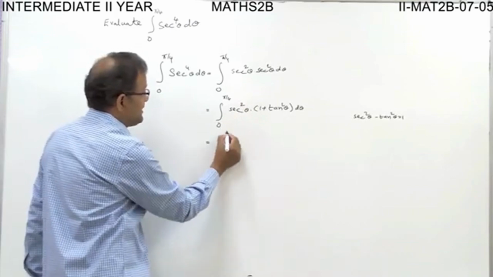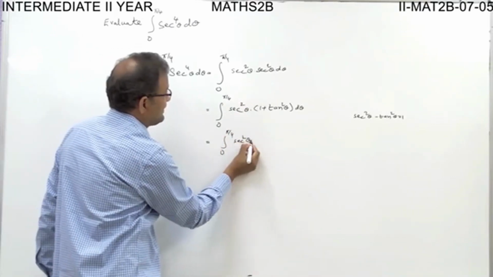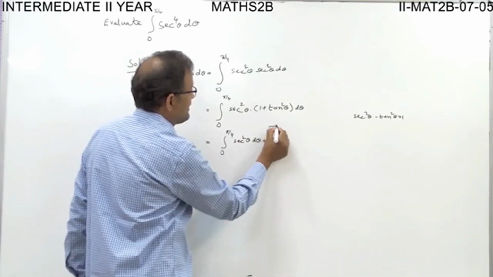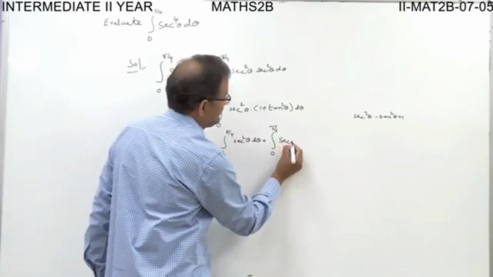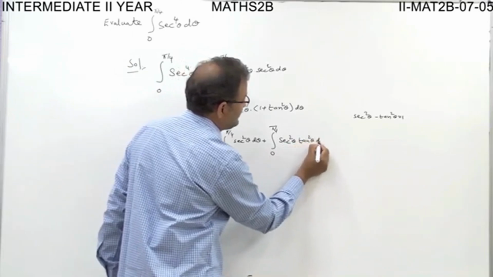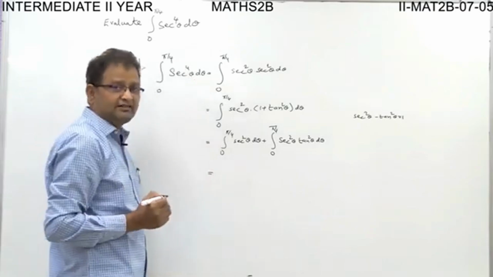Integral 0 to pi by 4 secant square theta into 1 d theta plus integral 0 to pi by 4 secant square theta into tan square theta d theta.